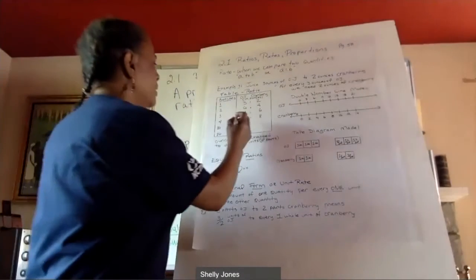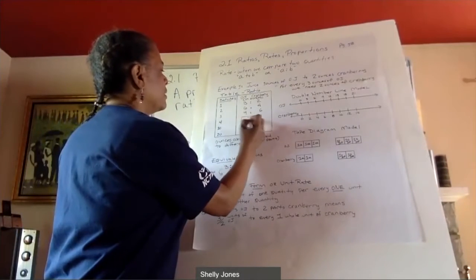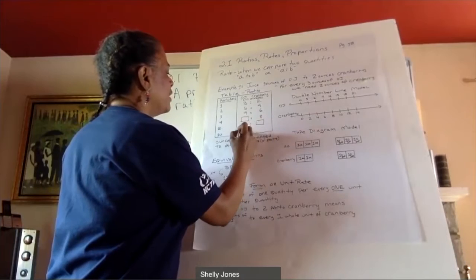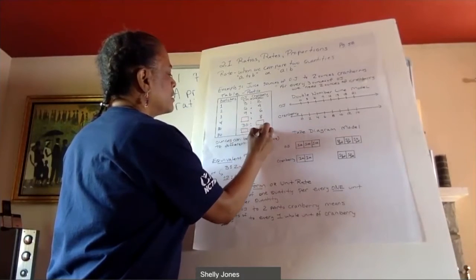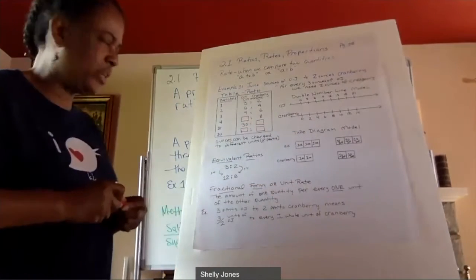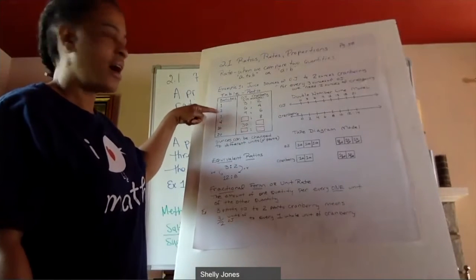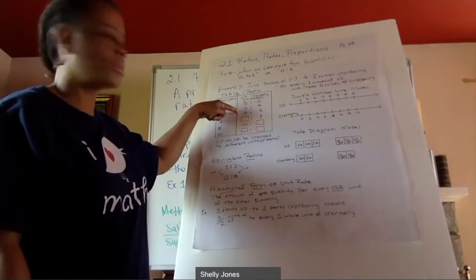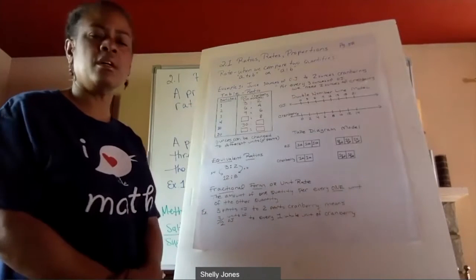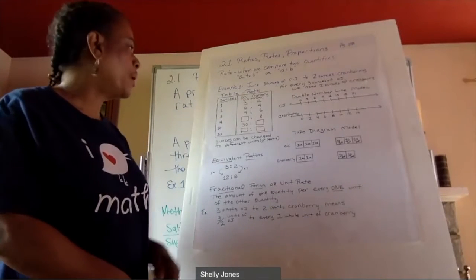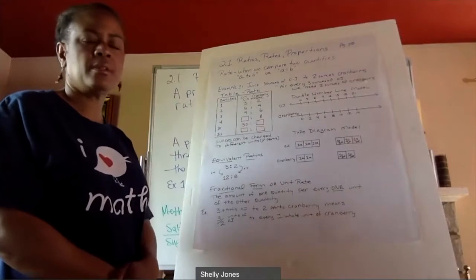And what I would like you to do at home is to fill in these squares. So I'm going to read it to you. For 3 batches, I have 9 ounces of orange juice and 6 ounces of cranberry juice. What about for 4 batches?